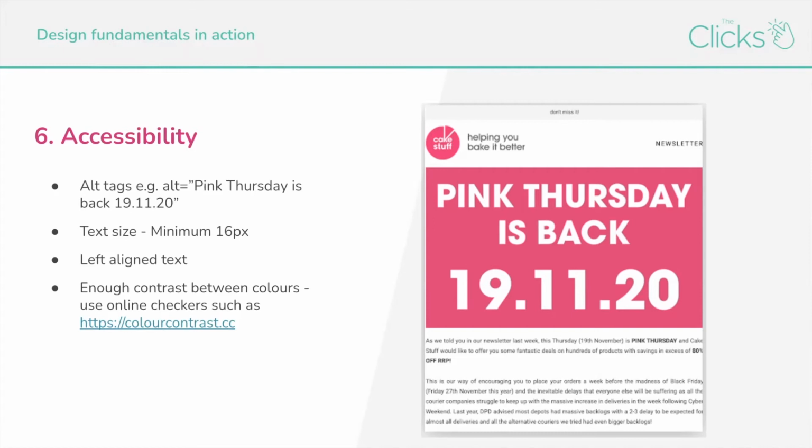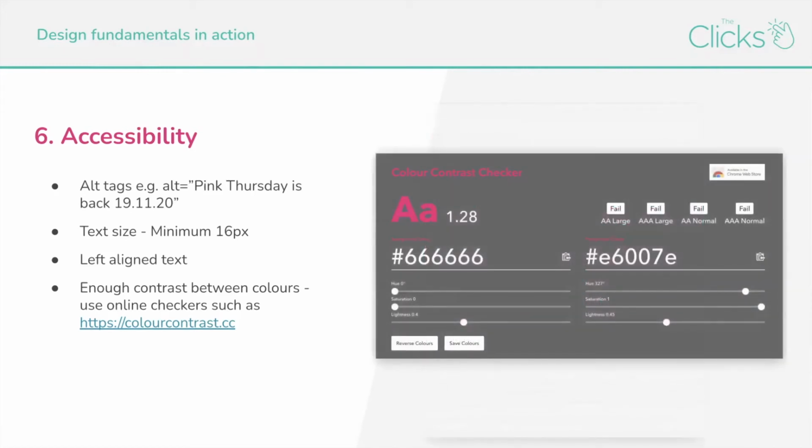Another really key thing to take into consideration when you're designing an email is using enough contrast with your colors. So for example, if I was to use this pink on this gray, that would not make for an accessible email, because as you can see, using this online color contrast checker, this color combination fails on all aspects of the accessibility guidelines.